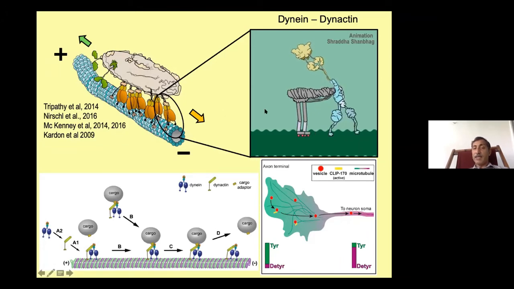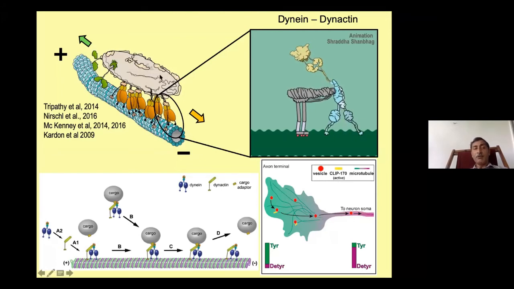With a very artificial system, one has to be really careful about interpreting those studies, because all these are purified components and we don't really know whether they are actually attaching to each other in the way we think they are. And the other extreme is the cell culture studies, where yes, you see the real thing, but it's difficult to interpret this data because there are just so many confounding factors.